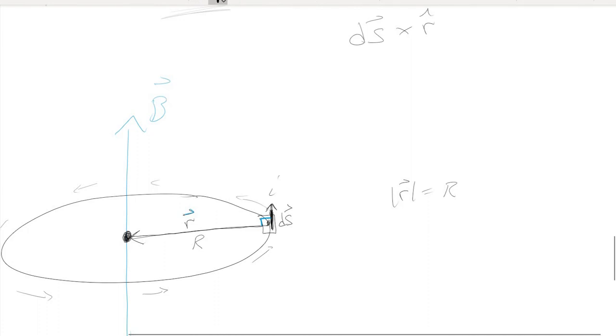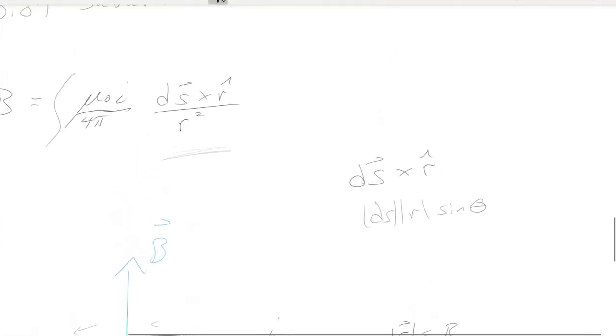If that angle relationship is always 90 degrees, well, every cross product is hiding a sine theta, and sine of 90 is 1. So that makes for a fairly straightforward evaluation of our cross product. We now just have, let's see, here r was a unit vector, so r with the caret hat over it, unit vector, that's magnitude 1.